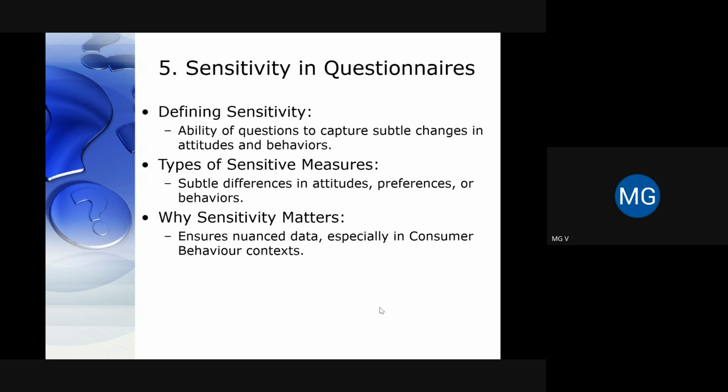This means designing questions that can identify small but meaningful changes, helping uncover deeper insights into consumer attitudes. For instance, a question on brand preference could range from strongly prefer to neutral to prefer competitor, detecting slight preference shifts.